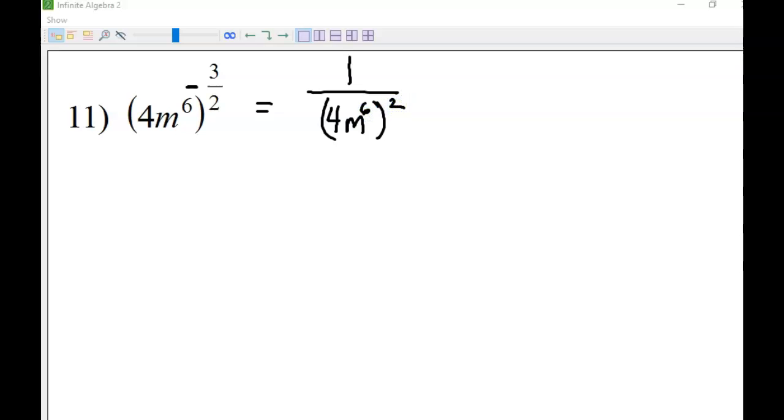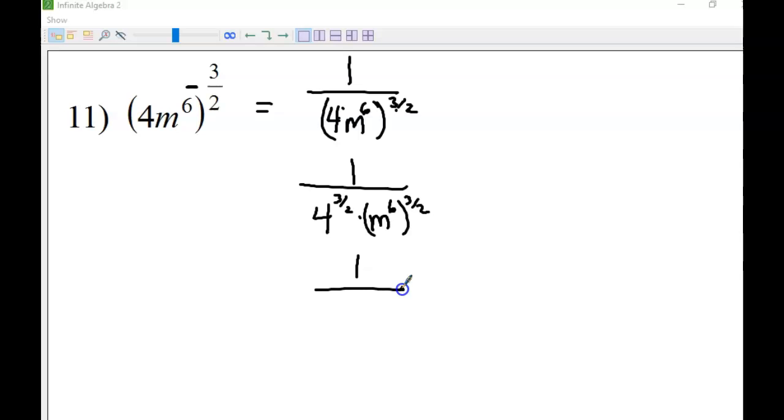Oops, not 2, is it? It's a 3/2. Okay. After that, we're going to distribute this power to the 4 and the m to the 6. So now it's going to be 4 to the 3/2 times m to the 6 times 3/2.